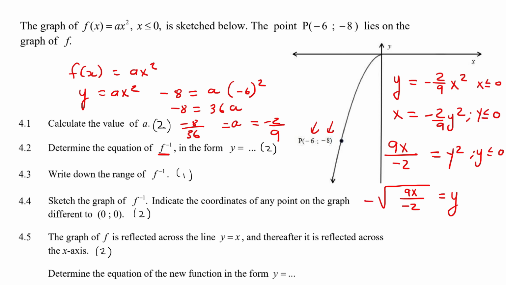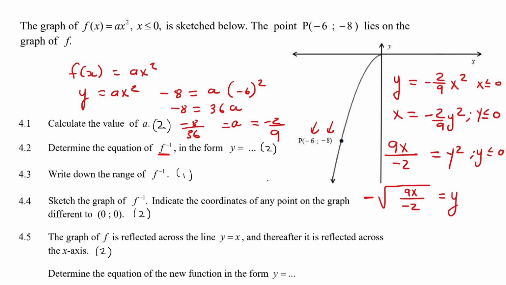Well, it's definitely going to have to be the minus. Because normally you'd say plus and minus, but they've told us from the restriction that y must be negative or 0. So because this part always has to be positive, otherwise you get an error on your calculator whenever the square root is a negative, then we know that this part here is always positive. So that means this part here would have to be a negative, so that it makes this entire expression a negative.